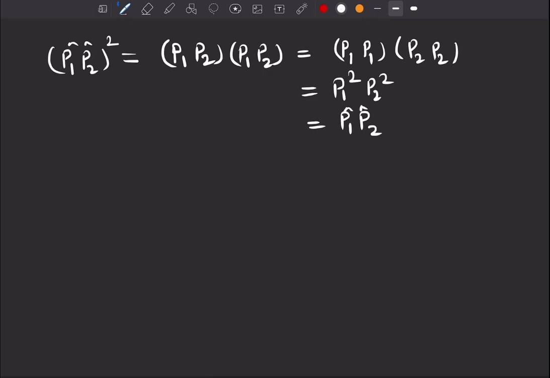So these projection operators P1 and P2 give their product also as a projection operator.